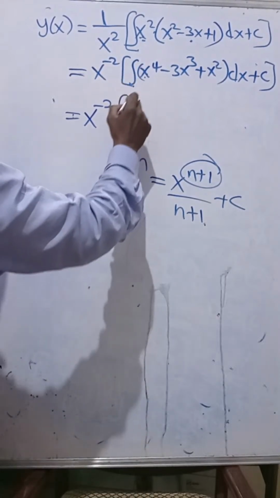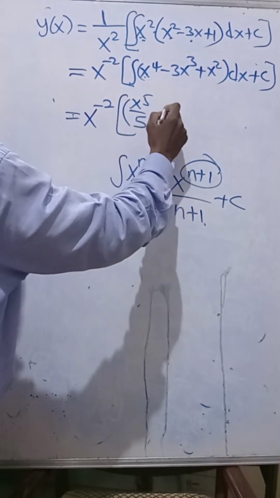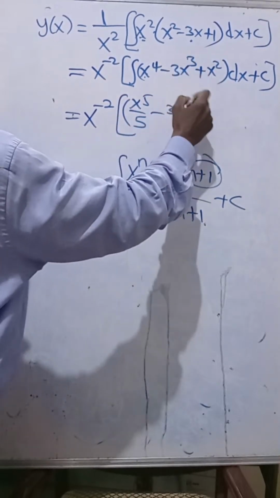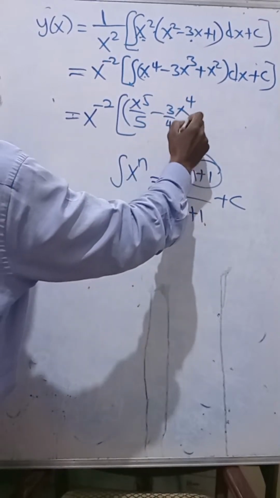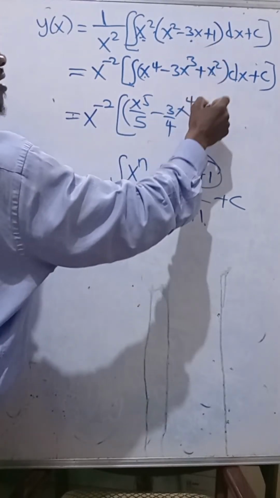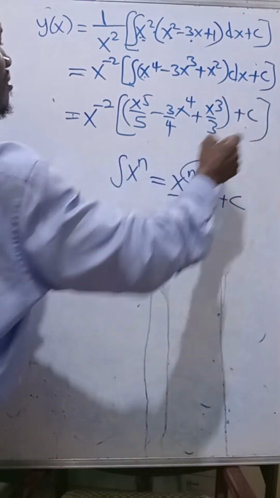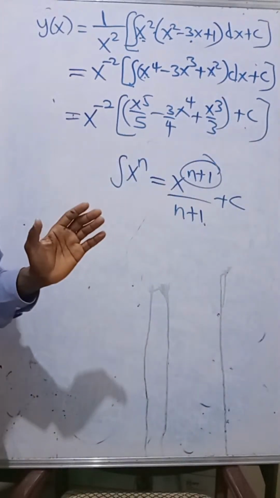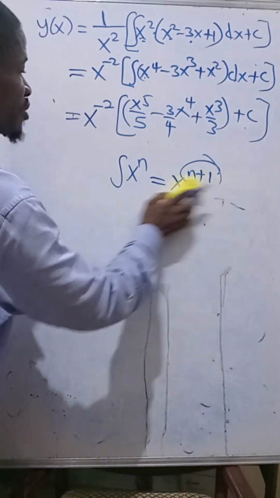So this will be x to the power 5 over 5, and then minus 3, the 3 plus 1 over 4, x to the 4 over 4, then plus, the power here is 2, so 2 plus 1, that's x cubed over 3, and then plus c. As simple as ABC. So that's that on this question.